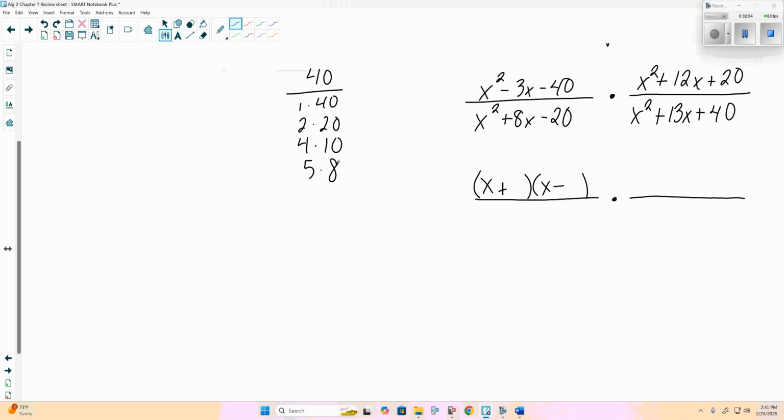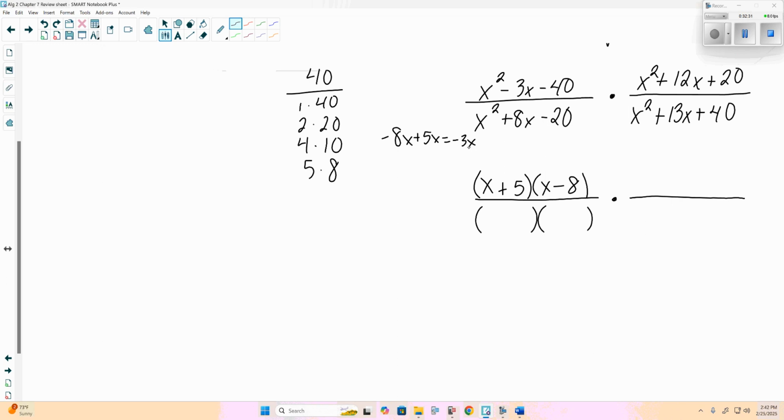And the set of factors of 40 that we're going to want are 5 and 8. X plus 5 and x minus 8. And we could check that we would get negative 8x plus 5x would give us our negative 3x.